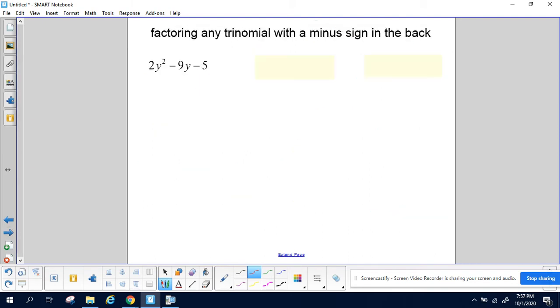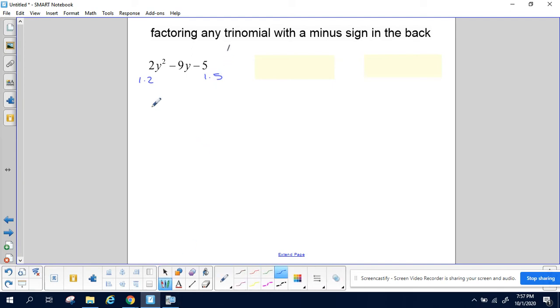All right, what if there's not a plus sign? What if there is a minus sign in the back? I'm going to do pretty much the same thing, check and see if a number goes evenly into all 3. If not, proceed to list factors of the front number and list factors of the back number. 1 and a 5.